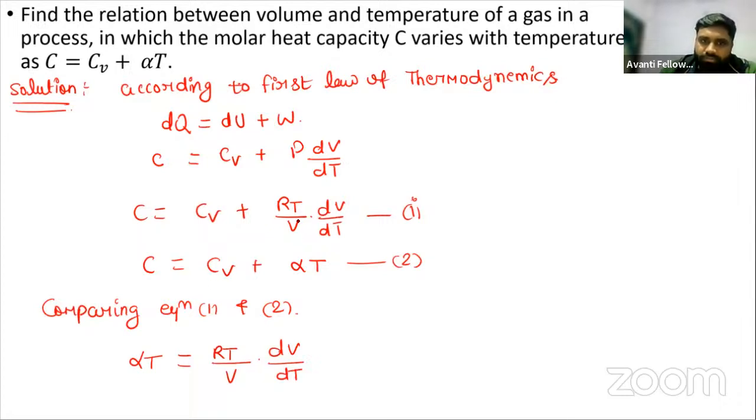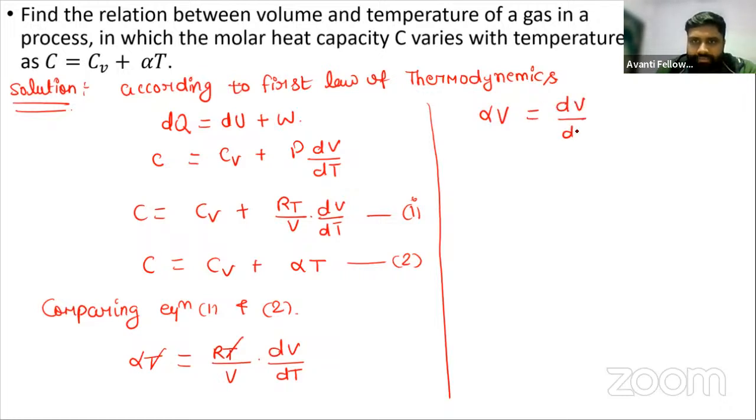So the only thing left is RT upon V dv by dt is equal to alpha T. Now T and T you can cancel out, so you will have alpha V is equal to dv by dt.